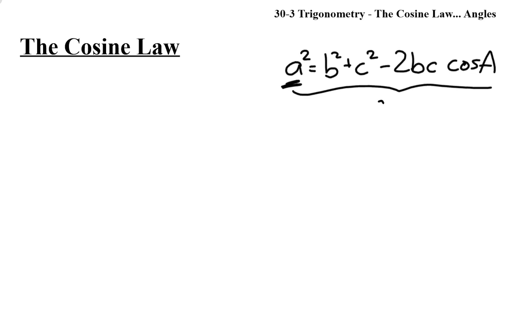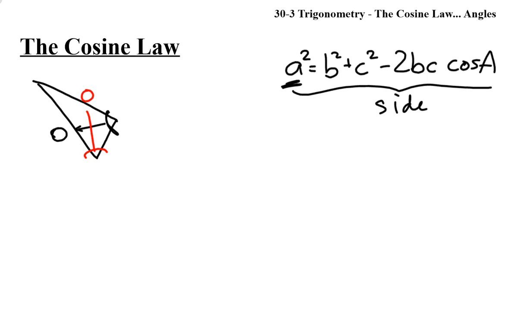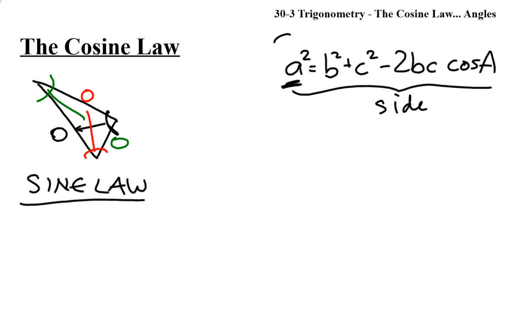Remember, cosine law is for non-right triangles, and when we solved for a side, we did not have any true angle-side pairing, an angle and the side across from it, which would allow us to use the sine law. So the cosine law helped us find a side length in a non-right triangle when we couldn't use the sine law.